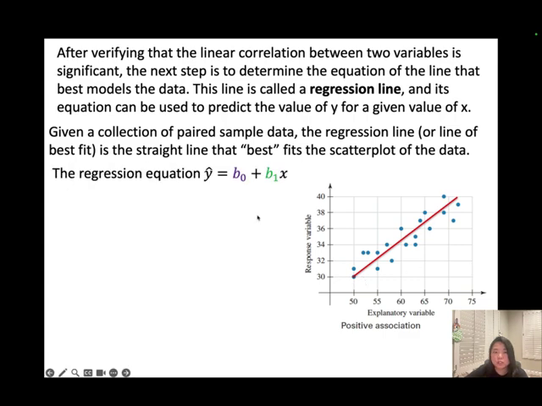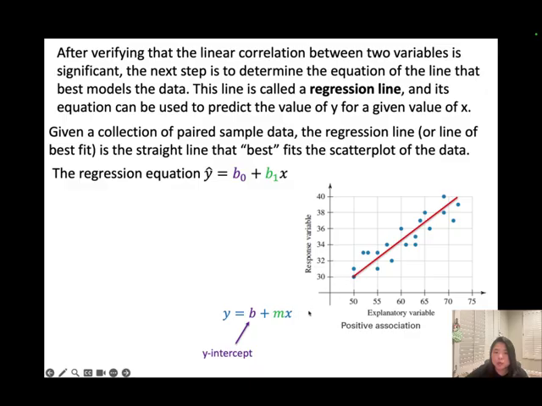The regression equation is written this way: y hat equals b naught plus b1x. Do you still remember the linear equation you learned in algebra class? At that time, we had the equation y equals b plus mx. Remember that? b represents the y-intercept, where your linear equation intercepts the y-axis.